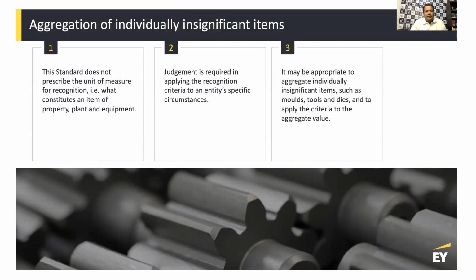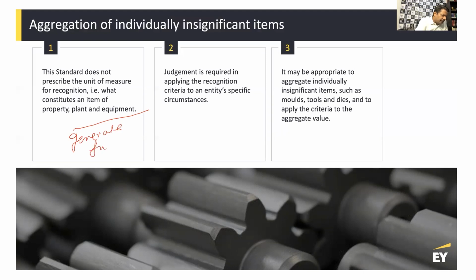It's a judgment area. The standard does not prescribe the unit of measure for recognition, what constitutes an item of property, plant, and equipment. So we talked about it, that you need to look at what constitutes an item of property, plant, and equipment. It has to be something where you should be able to generate future economic benefit.